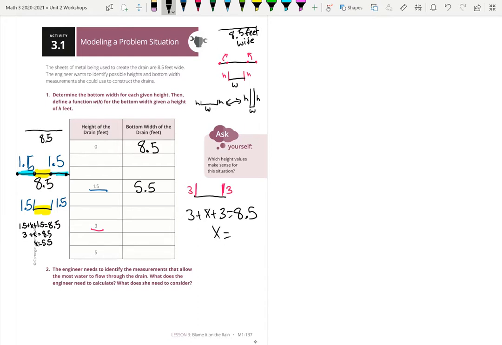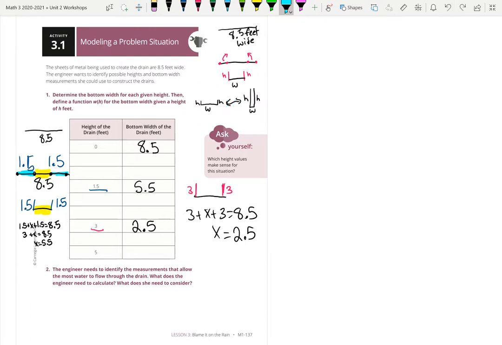This is going to result in a piece that is 2.5. Notice, as the height of the drain increases, the width gets smaller. That's true. Look at this picture. As the height increases, as it goes from a small height to a large height, the width will decrease.